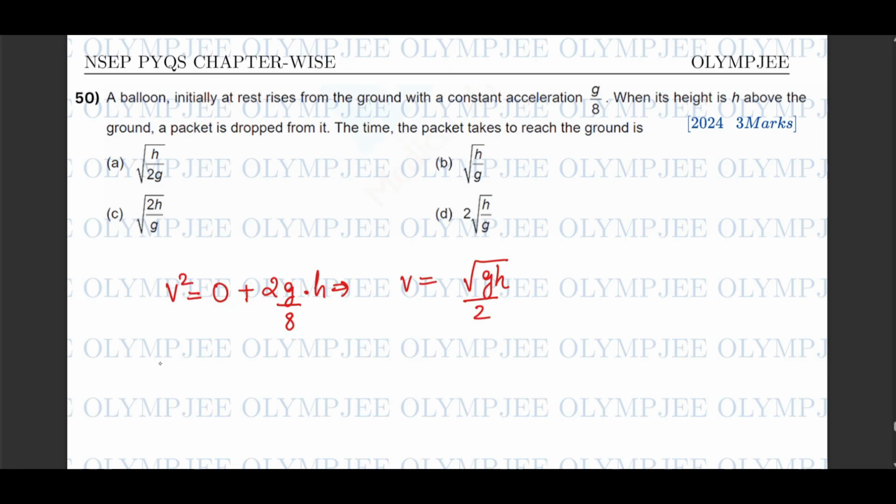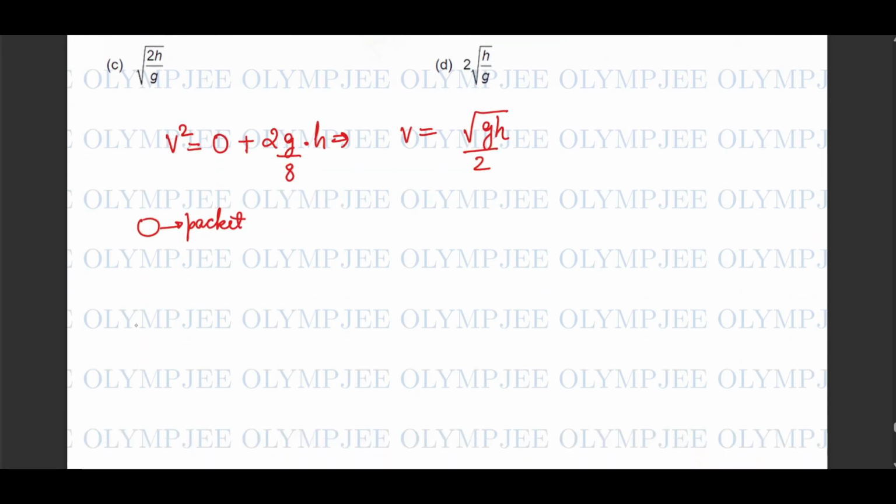So the packet is at a height of h, and ground is here. It is at a height h and velocity is root gh by 2 j cap. So we can use s is equal to ut plus half at square.